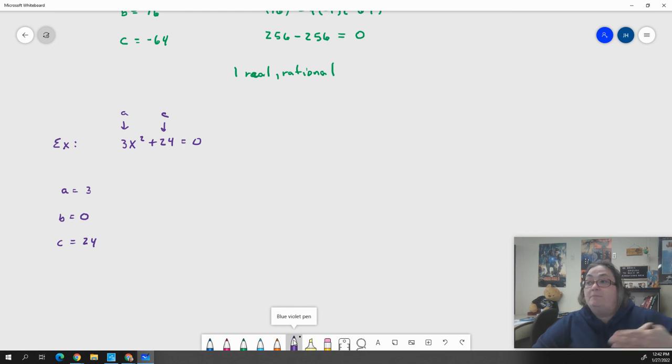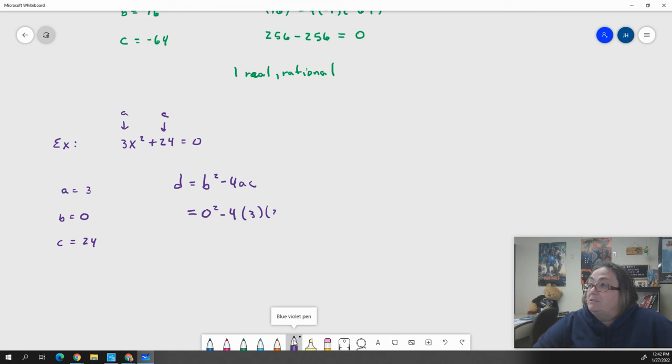And we can plug those numbers in. We know that our D equals B squared minus 4 times A times C. Our B is 0, so that's just 0 squared, minus 4 times A, which is 3, and C, which is 24. The 0 squared has no relevance in this problem, because 0 times 0 is just 0.